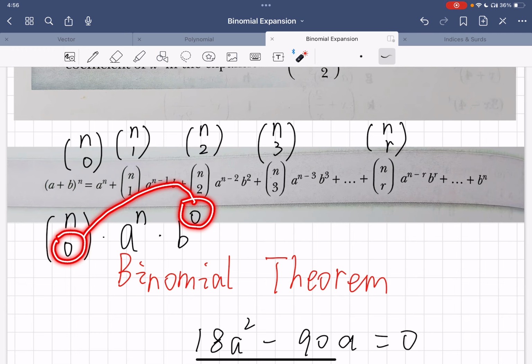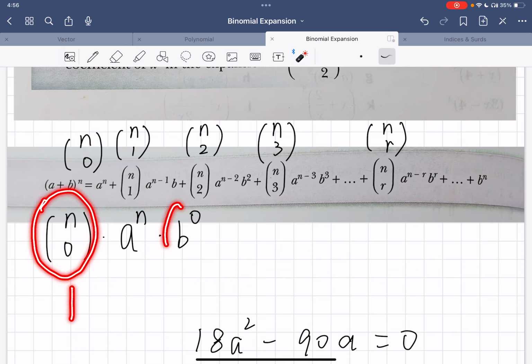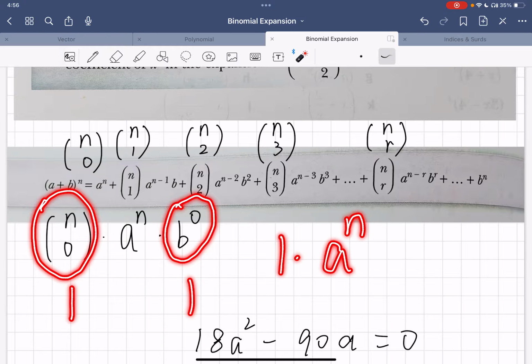In this case, be careful, because nC0 equals 1 and b to the power 0 also equals 1. So 1 times a to the power n times 1 still gives us a to the power n. That's why the conclusion only writes a to the power n here.